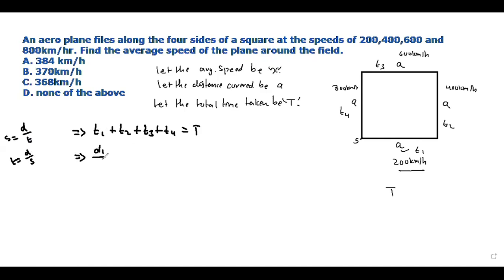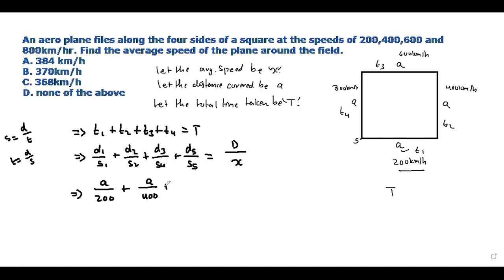So T1 will be a by S1, plus a by S2, plus a by S3, plus a by S4, is equal to total distance D divided by the speed x. Now a divided by 200, plus a by 400, plus a by 600, plus a by 800, is equal to the total distance covered, a plus a plus a plus a, which is 4a, divided by x.